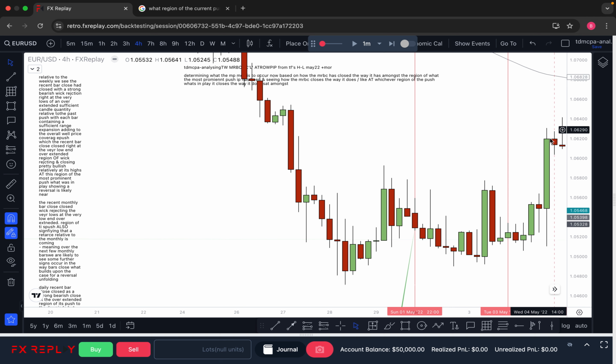But anyway, the 4 hour, you can see that very short term pushes are in play, and this 4 hour bar close with a nice wick rejection at the low range of its short term push to the downside, which under the circumstances of the 9 and the 8 and the 12 and the daily, recent bar closes closing the way that they did amongst the region of their pushes that are in play, that context extrapolated from their time frames would suggest that there is possibly steam left with this 3 hour.